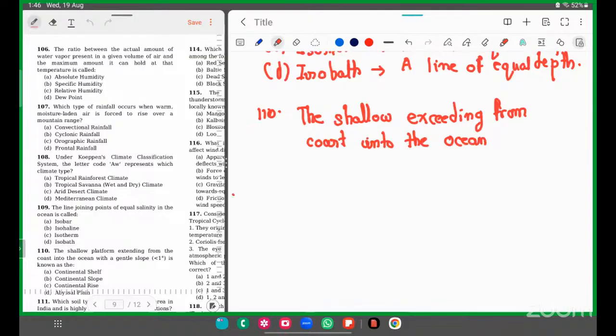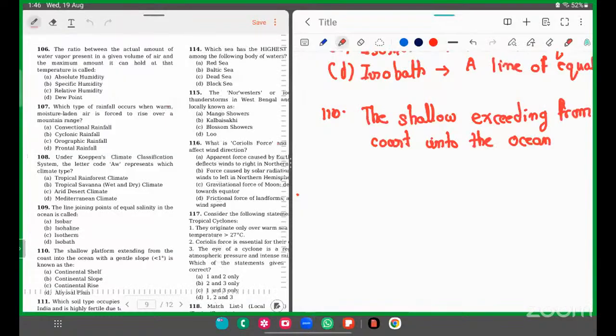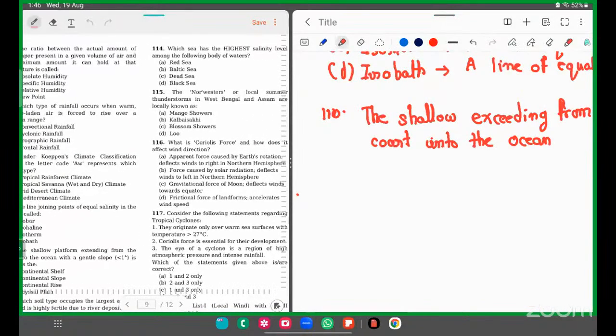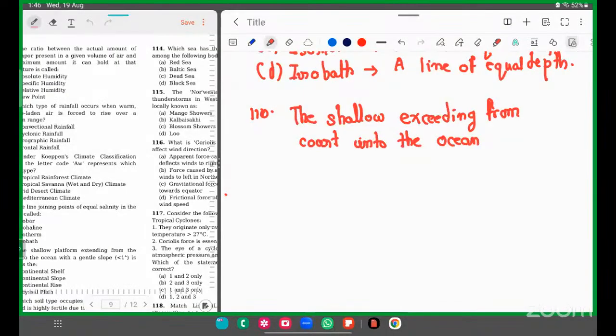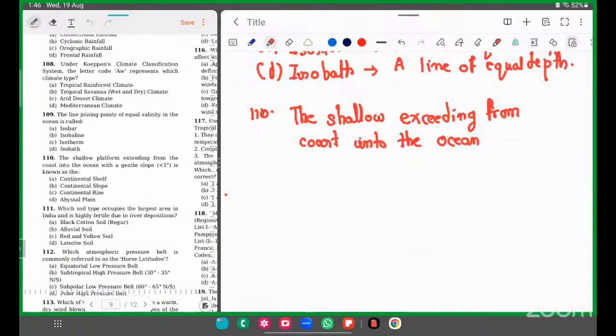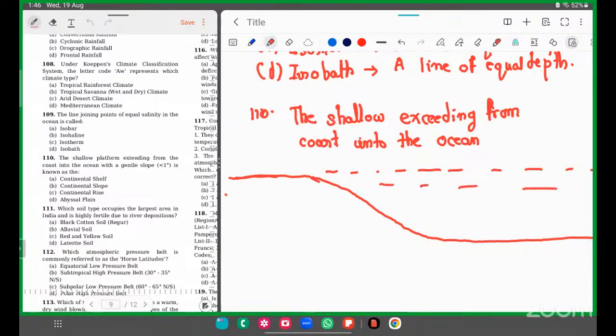Suppose this is a land, and these are the depths of the sea. If we go to this point, this point is called continental shelf.